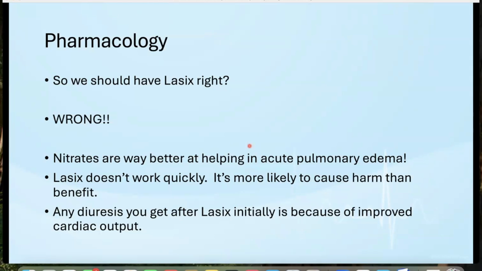So as we begin to give them the nitroglycerin, it dilates that renal artery open again, and we get better perfusion through the kidney. And the kidney does what the kidney does, which is it filters. So if it's getting more blood flow, it's going to filter more. All of a sudden they will get these diuretic events, and it really is not because of any Lasix, but because of the increased blood flow to the kidneys.